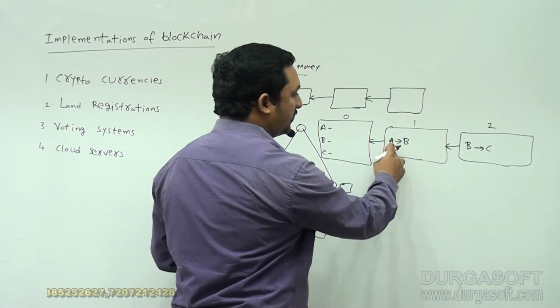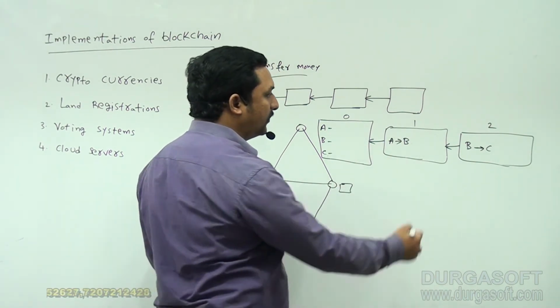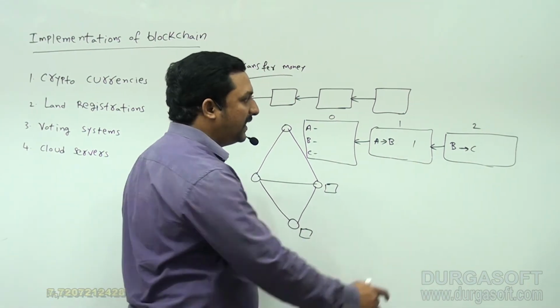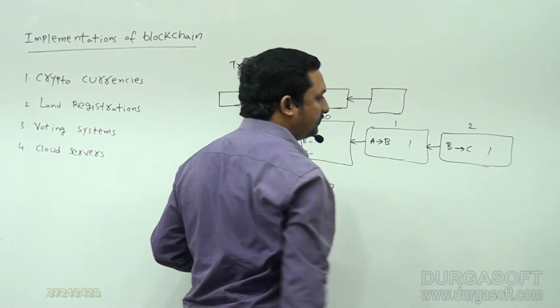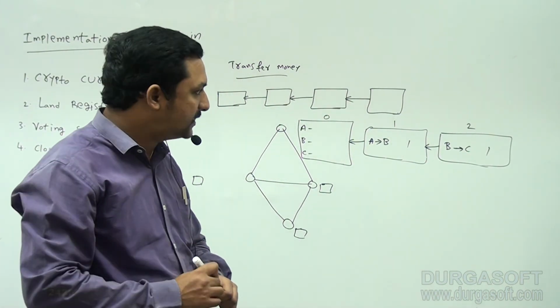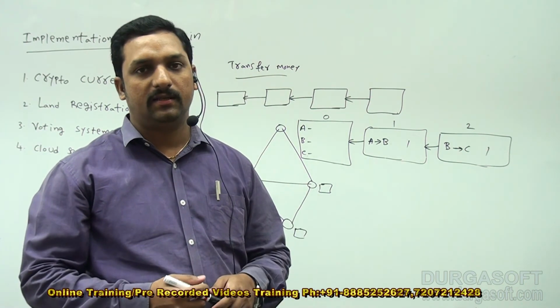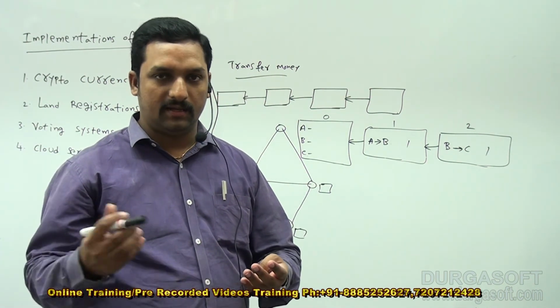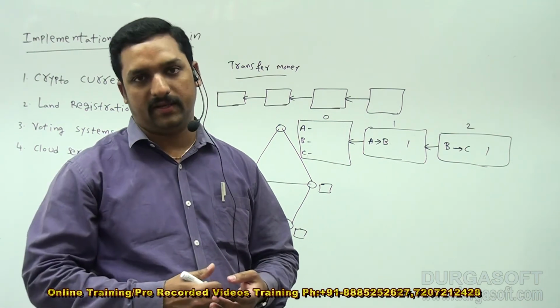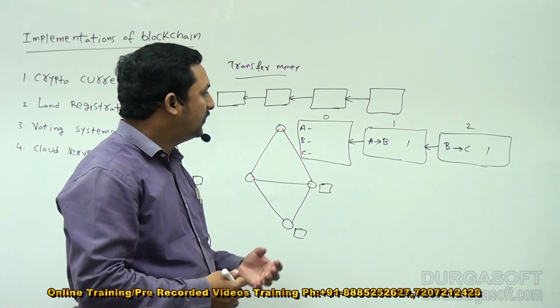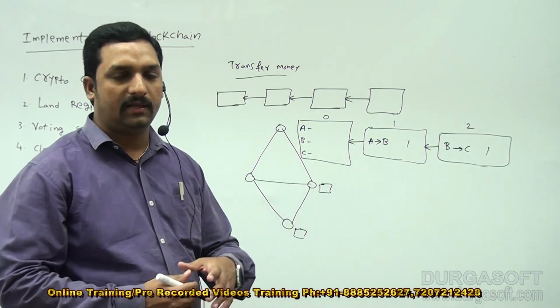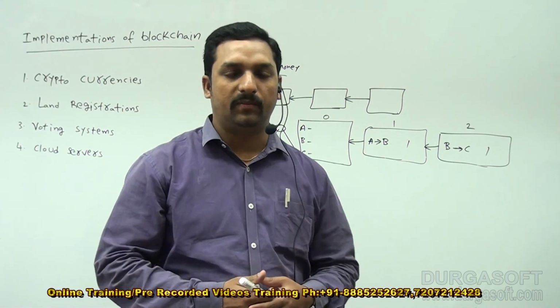A has voted for B, 1 vote. B has voted for C, 1 vote. Like this, we can store voting-related details also. But in this case, both the contestants and the voters should be registered in the network. So like this, we can take any real-life example and reapply it with the blockchain.